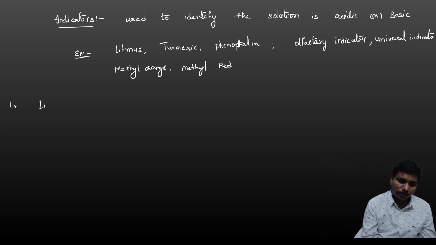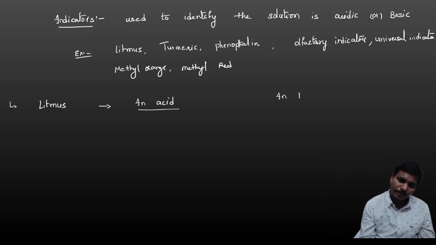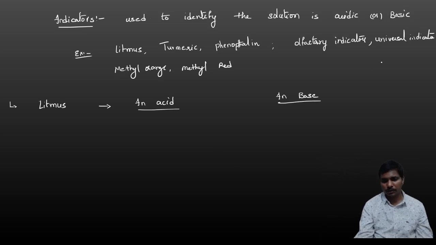First of all, litmus paper. If you consider litmus paper, how does it behave in case of acid and in case of base? We know very well, acid converts blue litmus to red litmus.